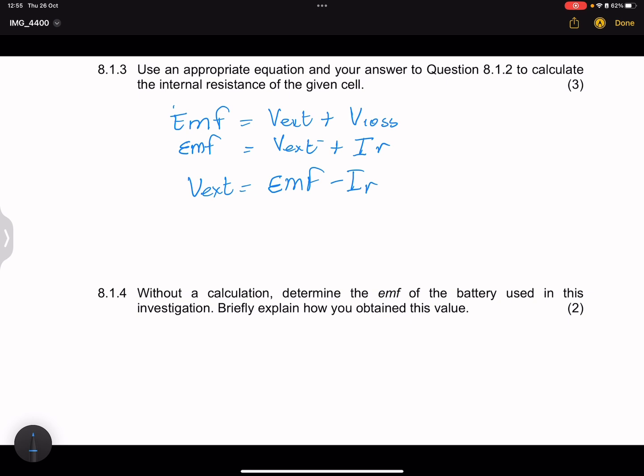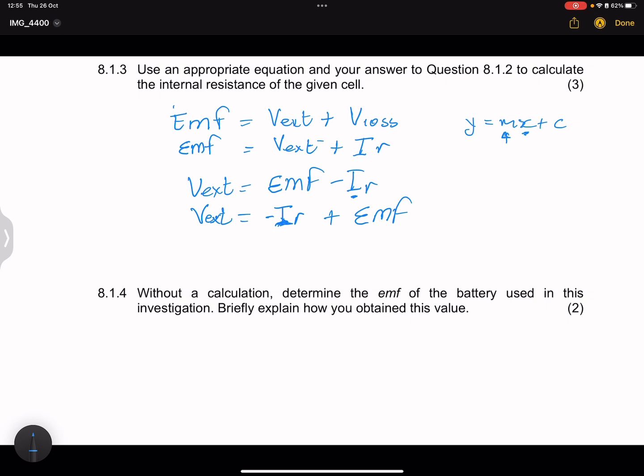Now remember, current is your x value. So we can put it this way: it's minus R times I, plus EMF. So this makes sense why our graph has got a negative gradient. Now I want you to note, guys, if you think of the normal straight line equation, y is equal to mx plus c, you've got the coefficient there and the x variable.